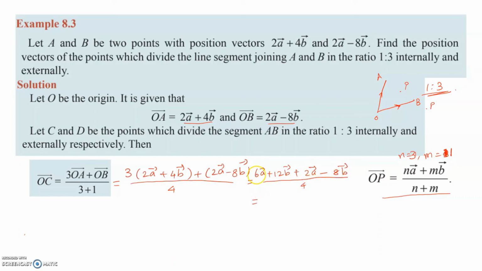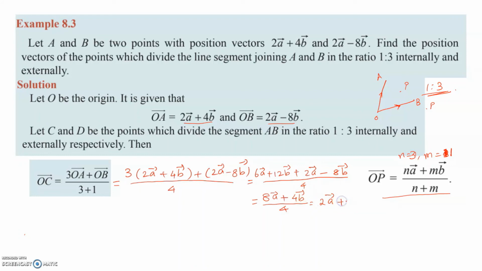That's equal to 6a plus 2a will be 8a vector, 12 minus 8 is 4, 4b vector divided by 4, that would be 2a vector plus b vector.